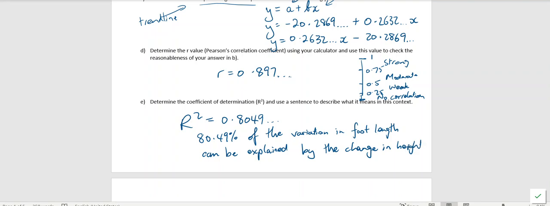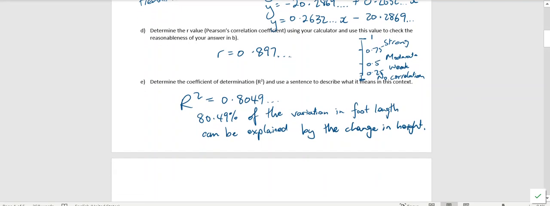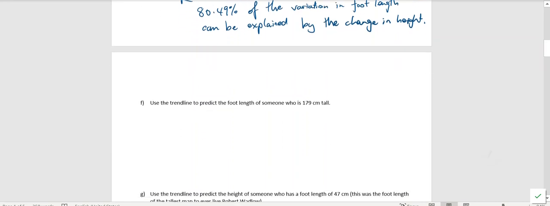So generally, as students get taller, their foot length gets bigger, and 80% of the reason for that is simply because of the change in height compared to the change in foot length. The other 20% could be for other reasons. It could be sort of genetic reasons or whatever it might be.